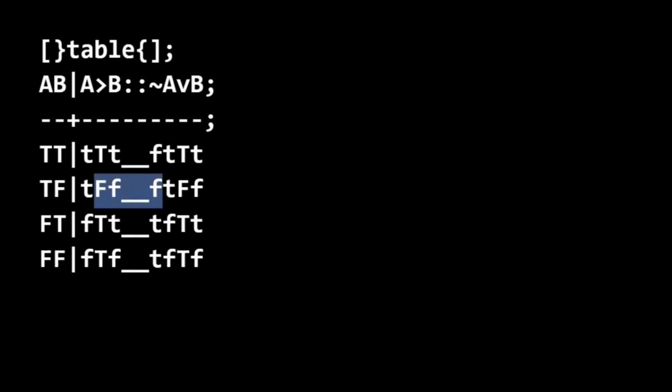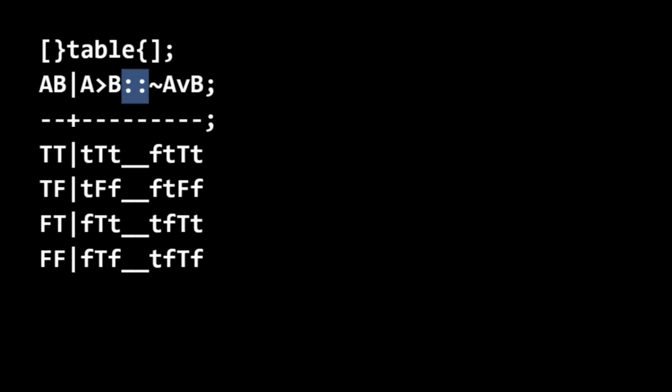And they also match in the second interpretation. And third interpretation, they match. And in the fourth interpretation, they match. So these are logically equivalent. We've checked every possible interpretation, and under every possible interpretation, they have the same truth value.